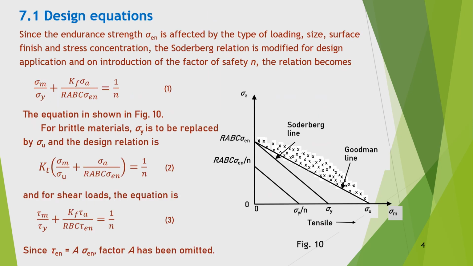As discussed in part 1 of this lecture, the endurance strength sigma En is affected by the type of loading, size of the specimen or the machine part, the surface finish and stress concentration.